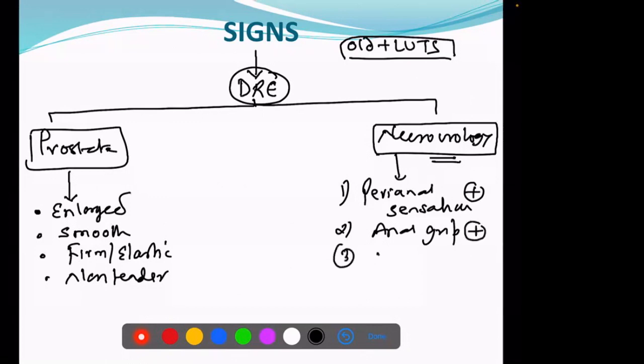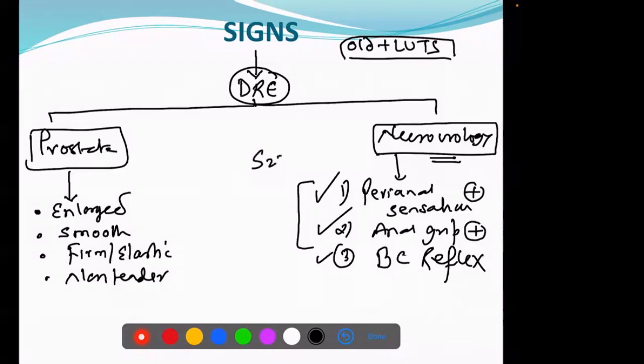And the bulbocavernosus reflex, I've already explained. If you squeeze the glans penis of the male, there will be contraction at the anus. So this is the motor component, the reflex component. We are checking the S2, S3, S4 component. So this indicates the nerve is intact.